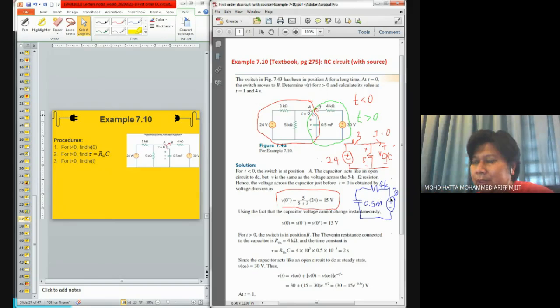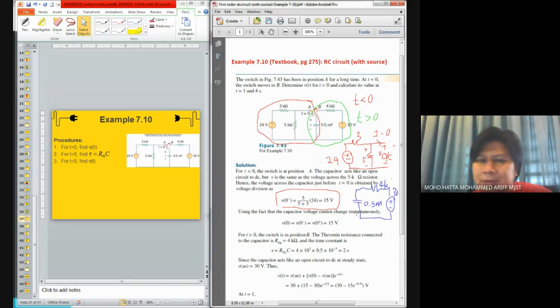This is what we need. If we have a few more resistors connected in series or in parallel, we need to combine all those resistors and put them as a single value of resistor. It means that we need to have a Thevenin equivalent resistor.